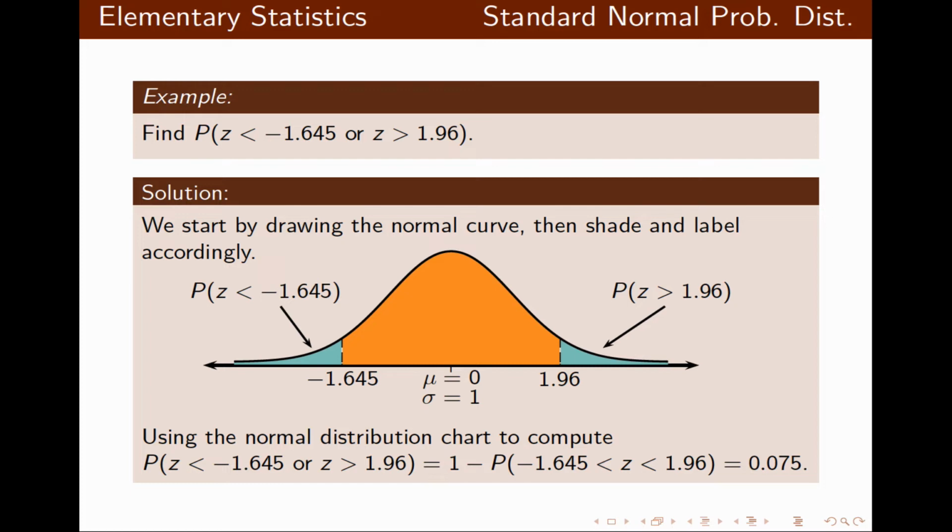So the probability that we don't want is for z to be between negative 1.645 and 1.96. So we're going to subtract that probability like we found earlier from 1. So the answer for this problem is 0.075.